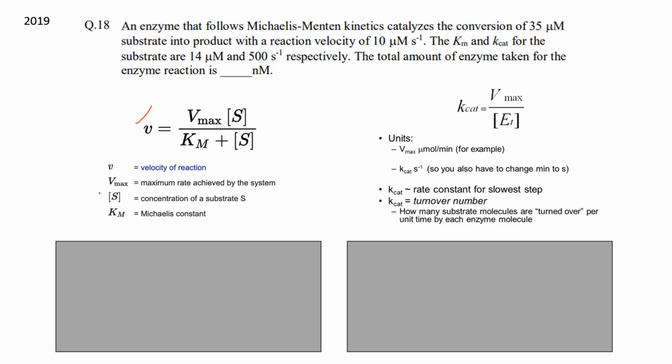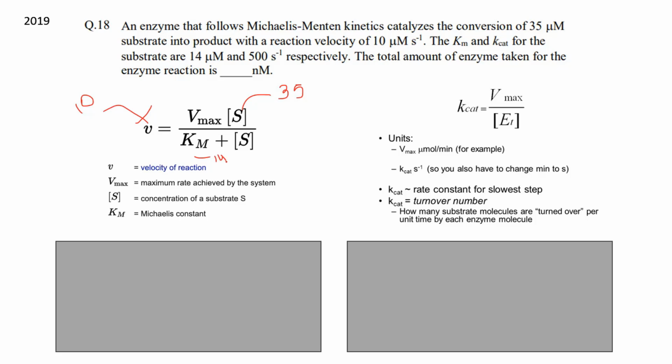Now, some of these are already mentioned here. The substrate concentration is 35, the reaction velocity is given as 10, and Km is also given, Km is 14.